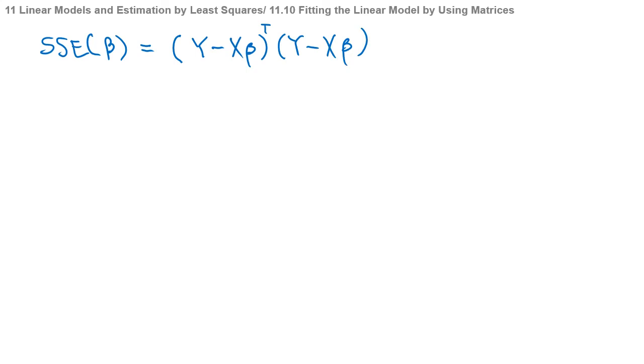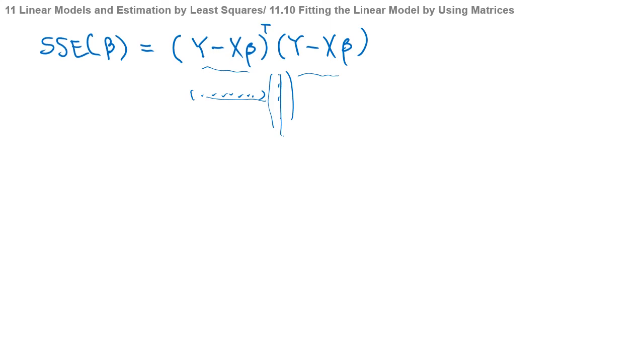Actually here this is a vector with size n, and this is a vector with size n, so if you multiply these and sum up, that's the thing that we want to minimize.